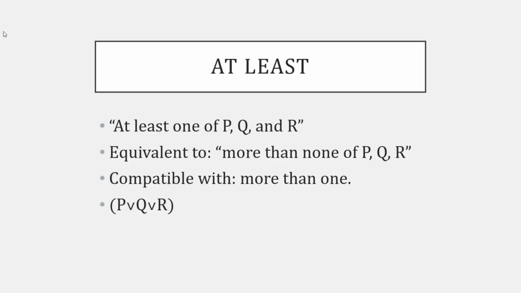Well, fairly straightforwardly, right? But try to get the general principle here. If I say P or Q or R, under what conditions is that sentence true? Under the condition that at least one of P or Q or R is true, right? If any one of them is true, then the whole sentence comes out as true. So if I'm going to symbolize at least one of P, Q, or R, you just put them together with disjunctions.